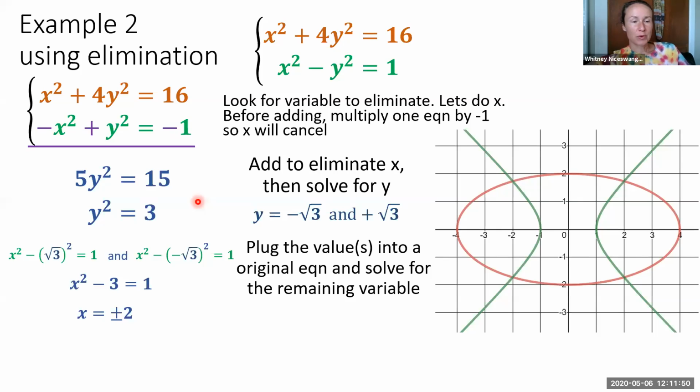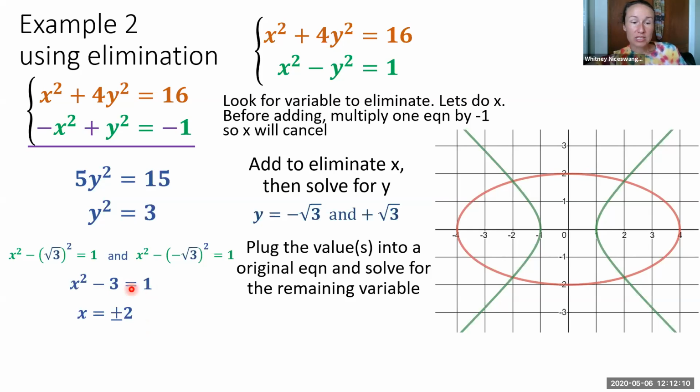Sorry, I might have misspoken there. We square the square root of 3 to get 3. We'll add 3 to both sides. We get x squared equals 4. But when we square root both sides to get x, we get that x could be plus or minus 2. So that's how we get the 2.